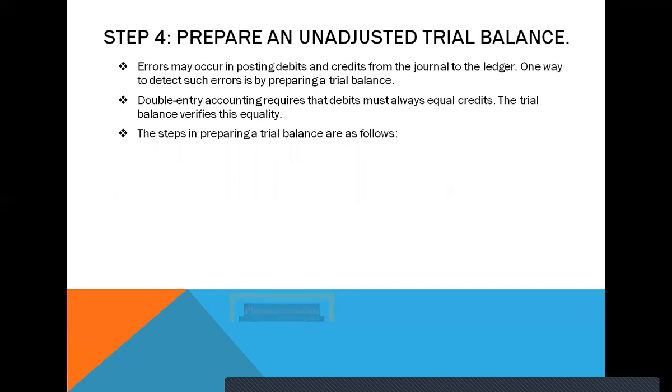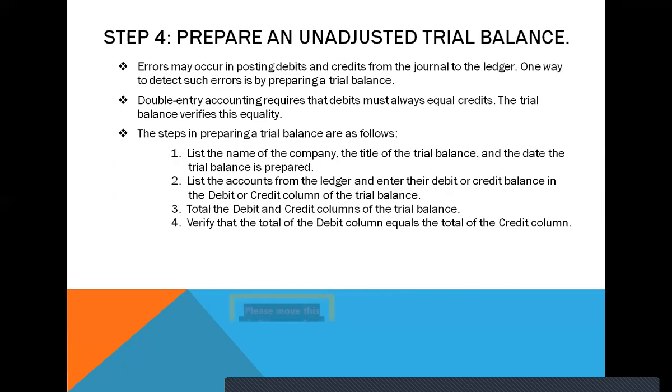These are the steps in preparing a trial balance. First, you list the name of the company, the title of the trial balance, and the date of the trial balance. Second, list the accounts from the ledger and enter their debit or credit balance in the debit or credit column of the trial balance. Third, total the debit and credit columns.